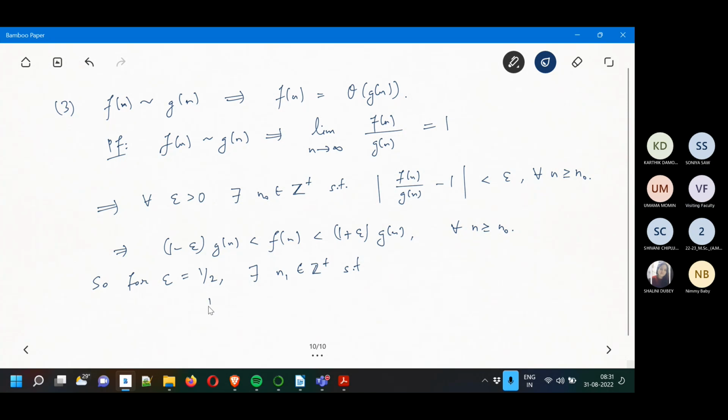So half gn less than or equal to fn, less than, I can replace by less than or equal to, and 1 plus epsilon is 3 half, for all n greater than or equal to n1. But this is precisely the definition of theta. Okay, we just saw. So this implies fn is theta gn.